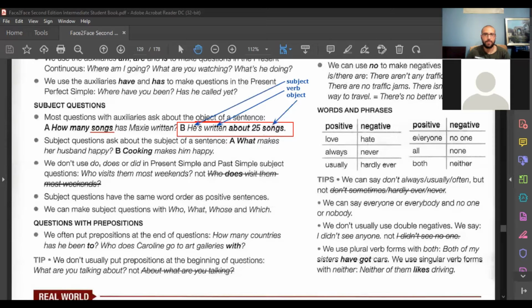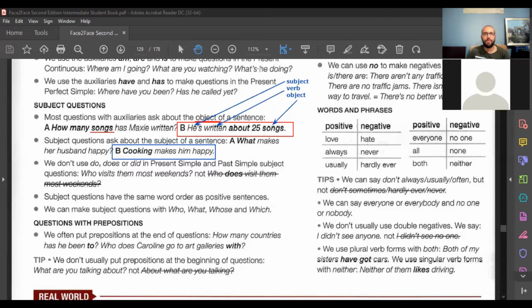Correct. Now, if you take a look at the second question here, can you read the second question? What makes her husband happy? And if we take a look at the answer, look at the answer.